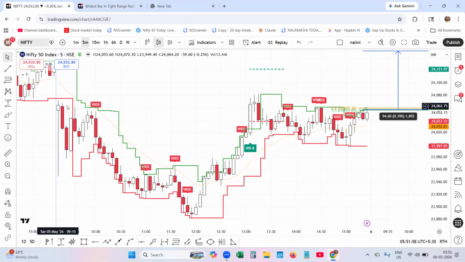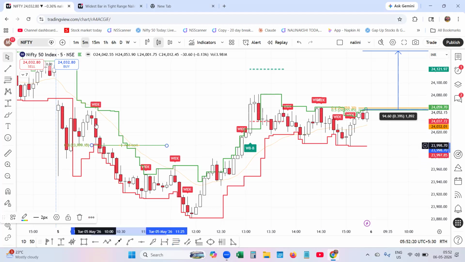The range was contracting and a white bar was formed. A 20 period moving average has also been included and taken into consideration. See, a white bar range has been formed and this is the range breakdown. Range breakdown, the market has gone down.